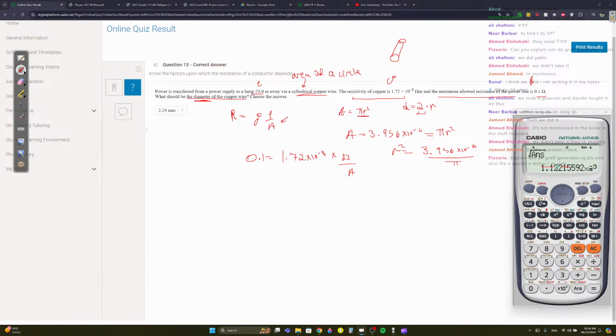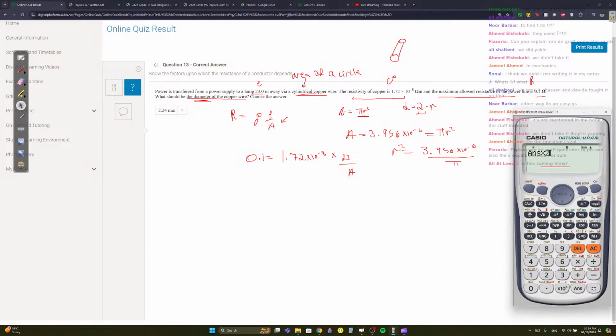So we're going to multiply this by 2. We're going to get this. This answer that I got is going to be 2.24 times 10 to the power of negative 3 meters. The answer they want is in millimeter. So what do we do? We multiply by 10 to the power of 3. So it's going to be 2.24 millimeter. Okay? That's it. 2.24 millimeter.